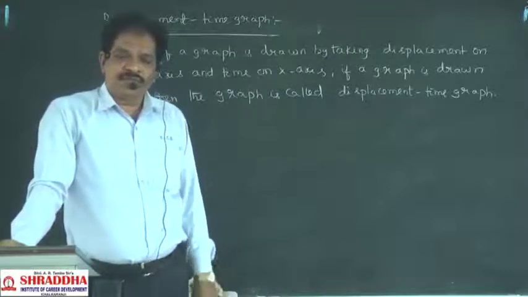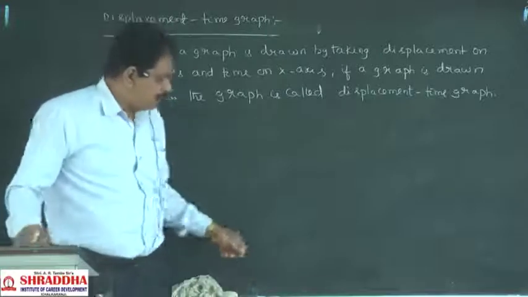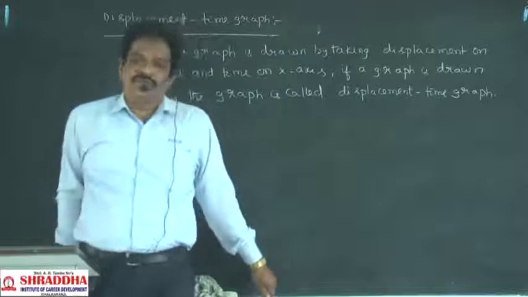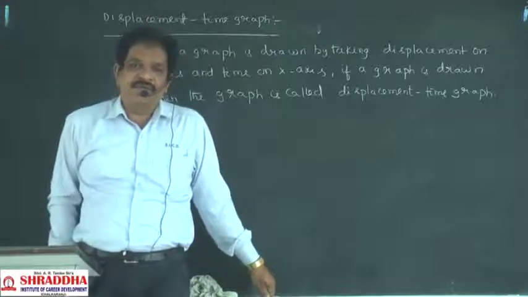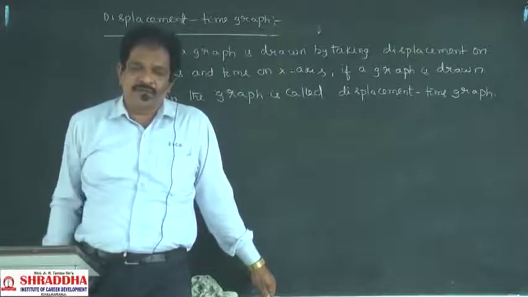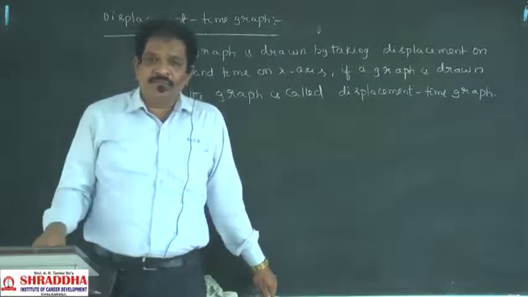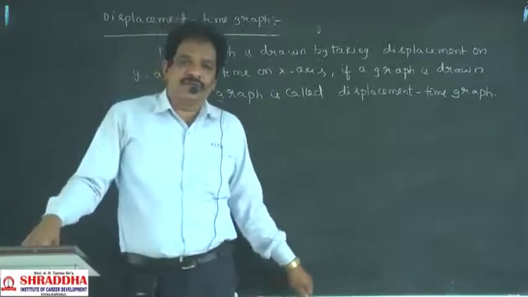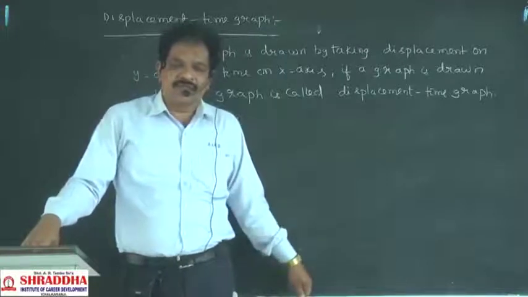Why we are using this displacement time graph means, by observing any graph, we can state about the state of the body. We can say about the state of the body, whether the body is at rest, the body is moving with uniform velocity, body is moving with uniform acceleration.